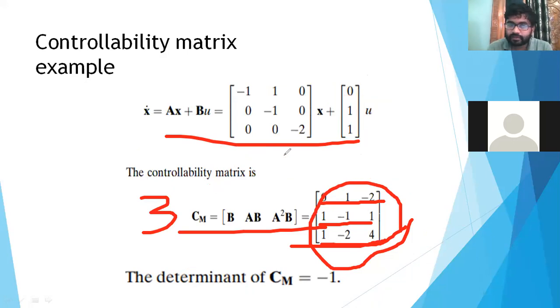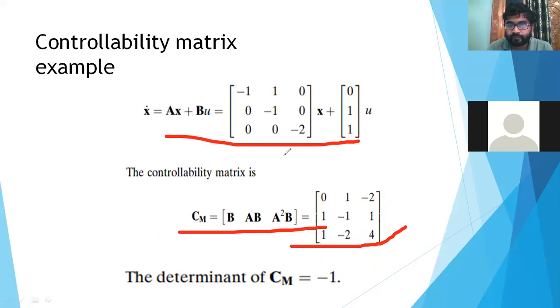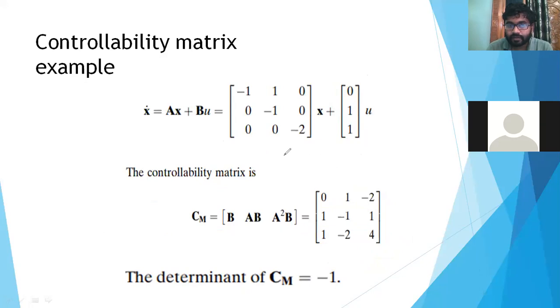And of course, if there are no zero rows, the determinant is also non-zero. Suppose this row is 0, then you will get the determinant as 0. So you can say it like that also.